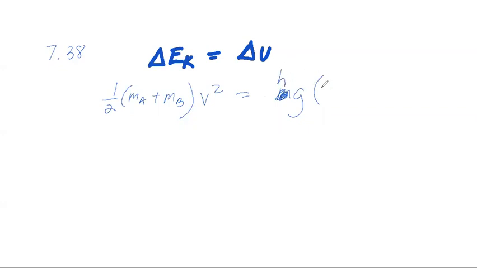And we'll call MA the one descending, so it's losing potential energy. So it's MB minus MA. All right, we have that. And we also know that MA plus MB equals how much? 22 kilograms. All right.